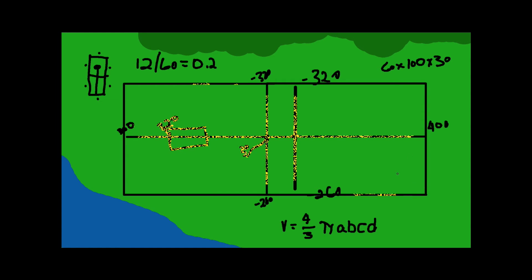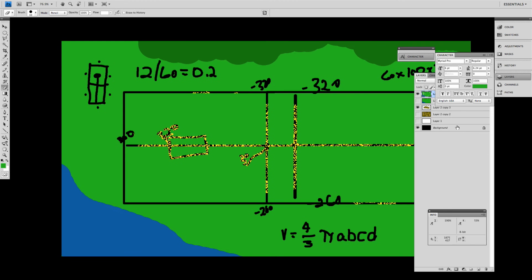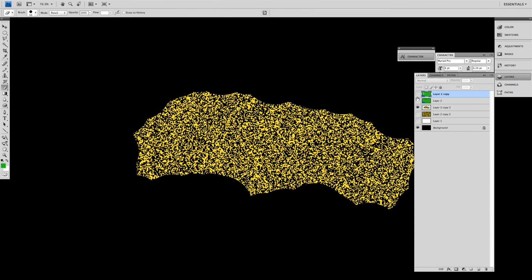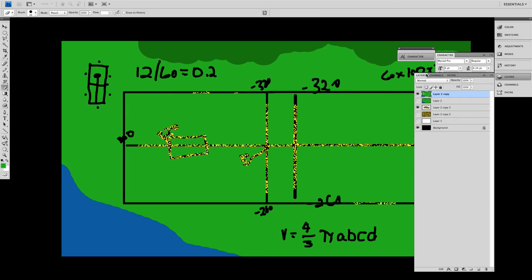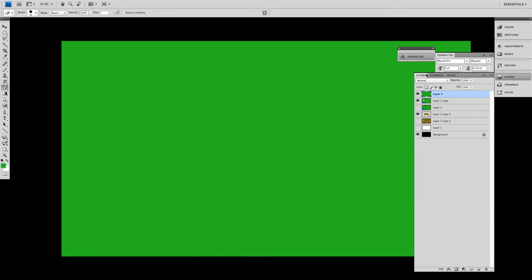And this is probably where I should get a fresh page. Let's do this. Make a new one. So we'll do our math right here.